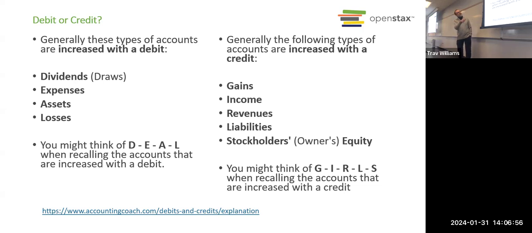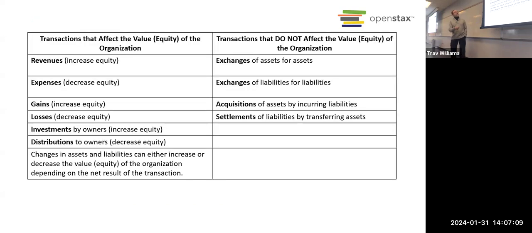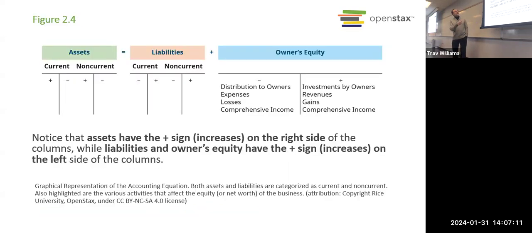So let's say we have an asset like cash that has decreased because we paid a supplier. Remember, we said that assets, when they go up, we record it in the debit column. But if an asset goes down, then you would record that in the credit column. Okay?